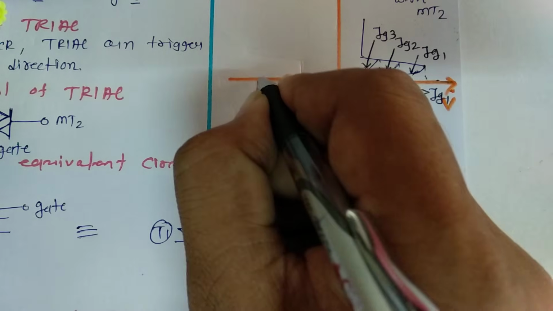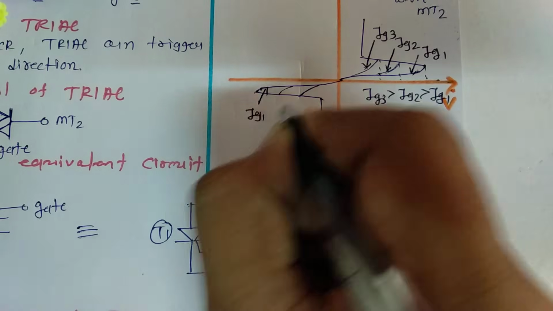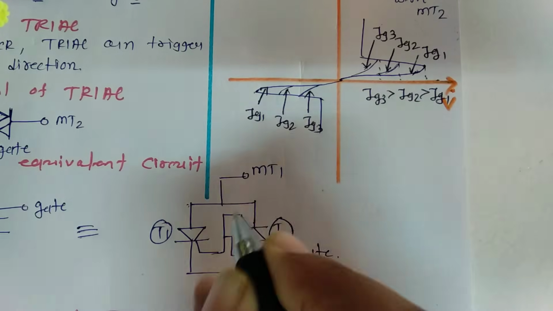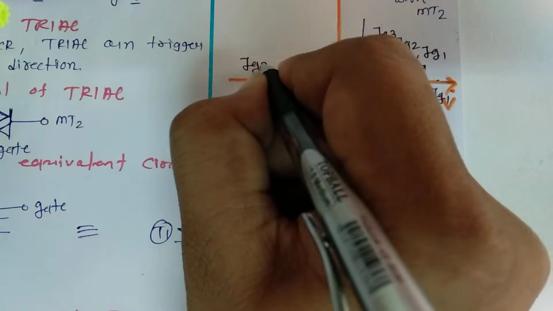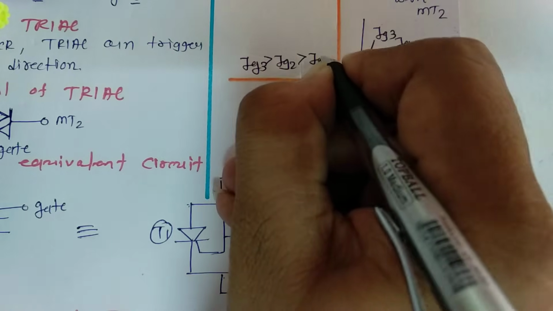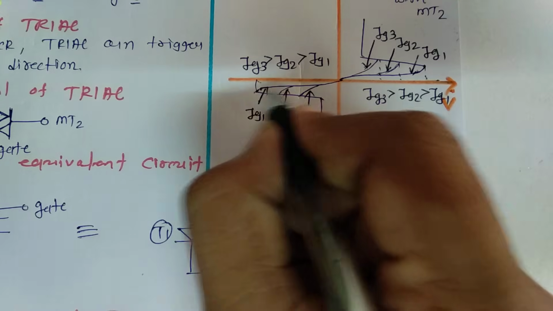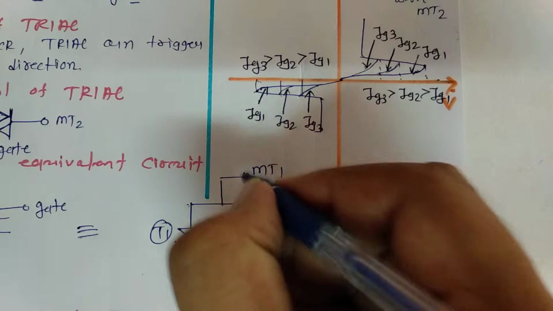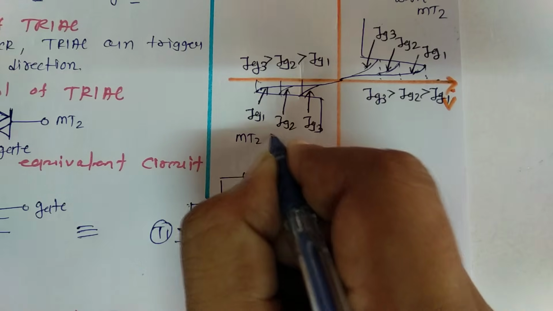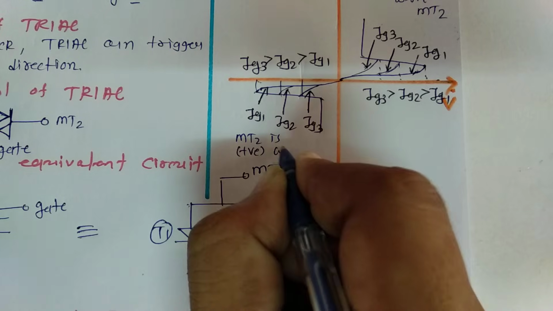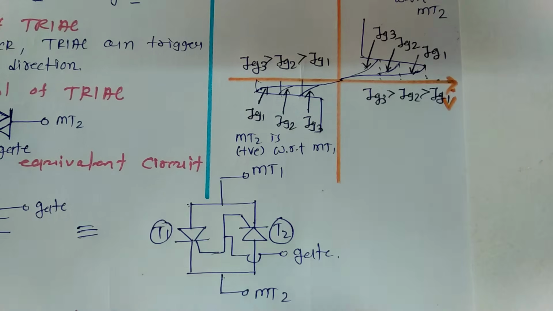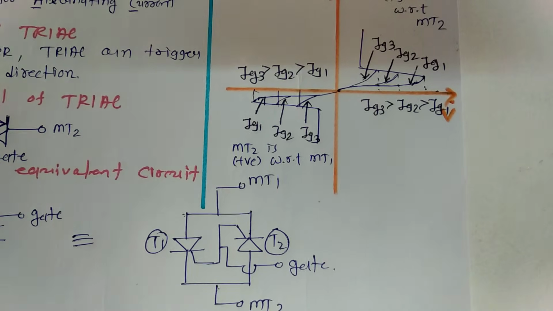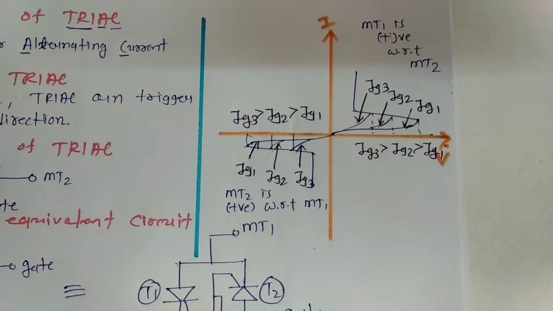Let us say this is for IG1, IG2 and IG3, where IG3 is greater than IG2, which is greater than IG1, and the forward breakover voltage decreases as gate current increases. That is the case for MT2 positive with respect to MT1.